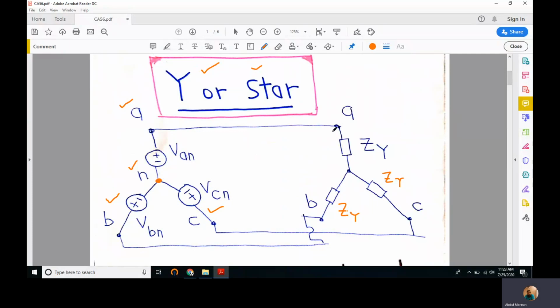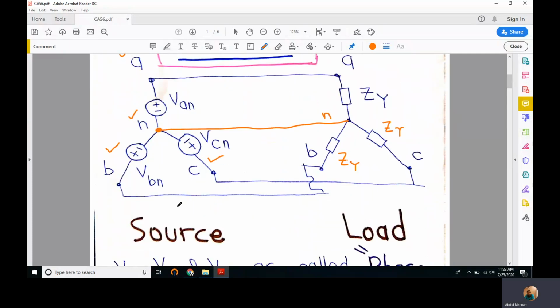So A is connected with A, B with B, C with C, and neutral with the common point neutral. So this completes the source and load connections. This left hand side is the source side. This side is the load side.